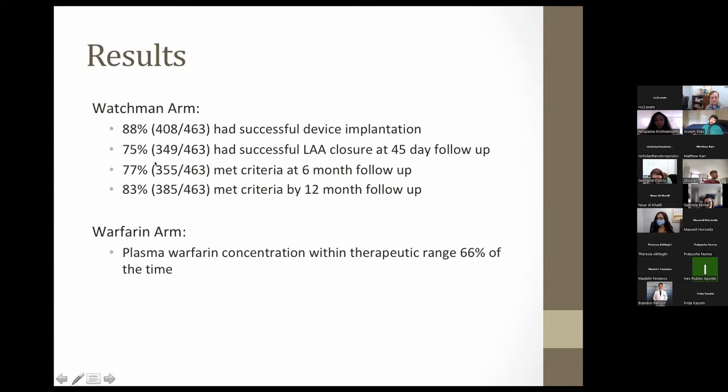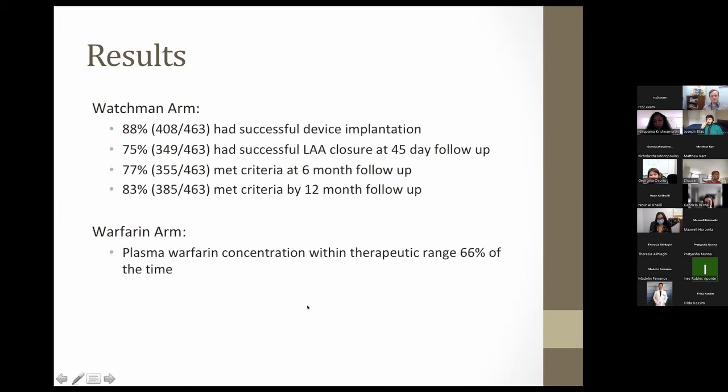So what this means is the rest of the 59 patients that received the device continued to be on warfarin for at least another 6 months, right? After 349, another 6 patients met criteria at 6 months, so they stopped the warfarin. But then of the rest of the patients, another 30 stayed on the warfarin for a whole year.